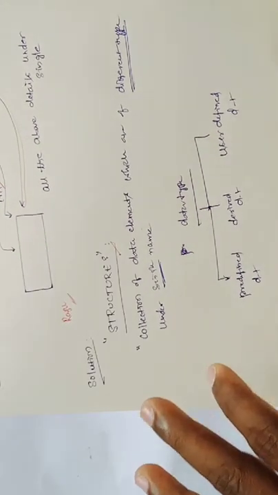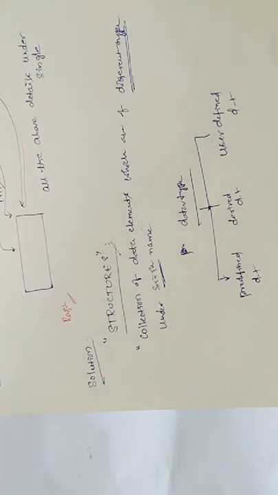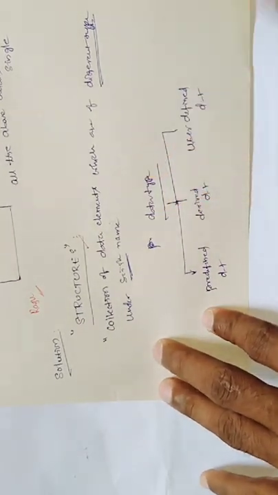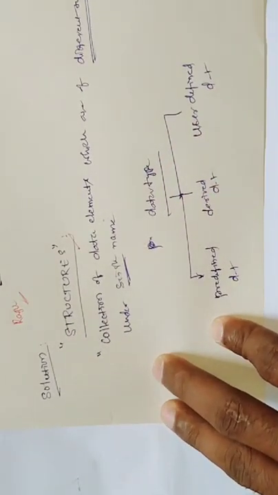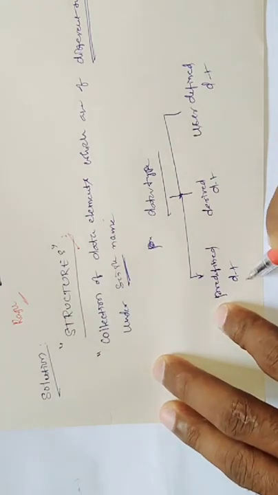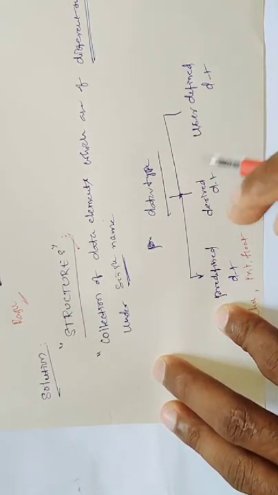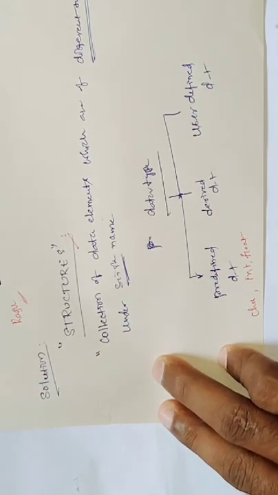What are the predefined data types? What the compiler provides to us are nothing but predefined data types. For example, integer, float, character are examples of predefined data types.